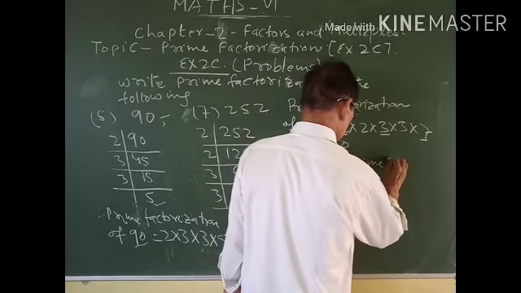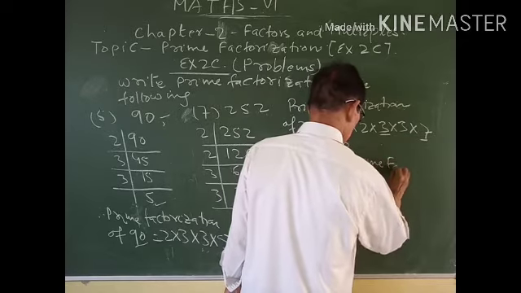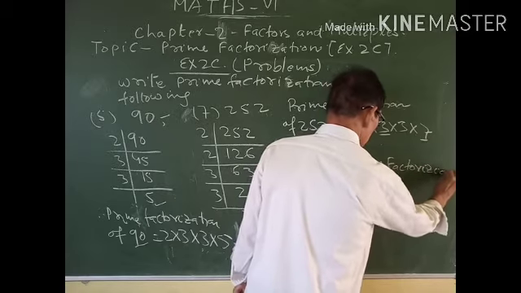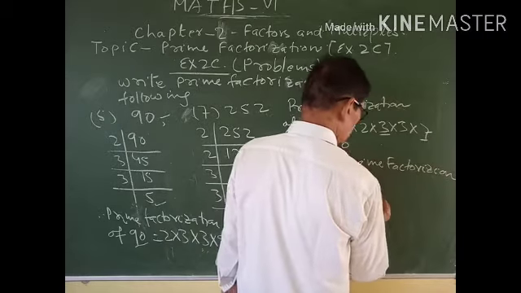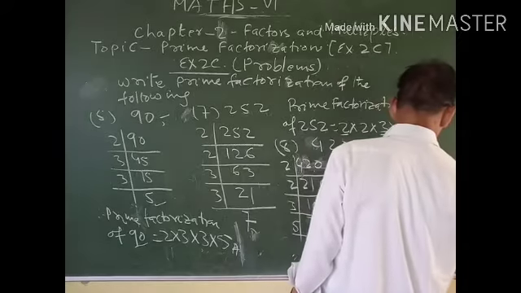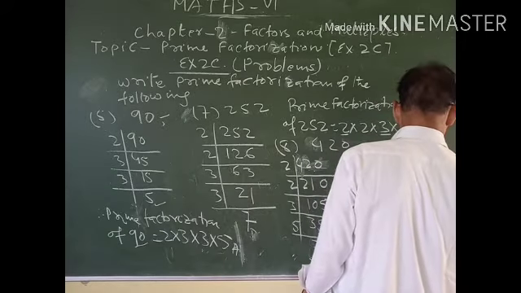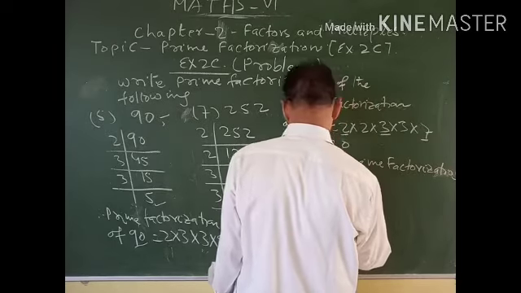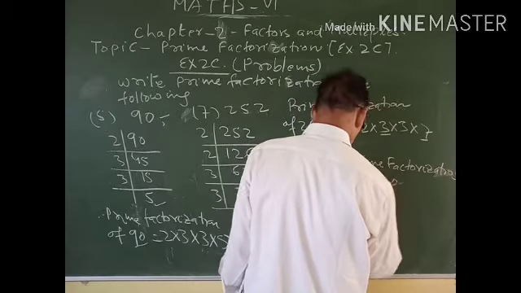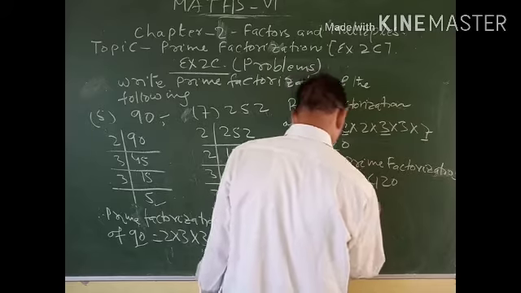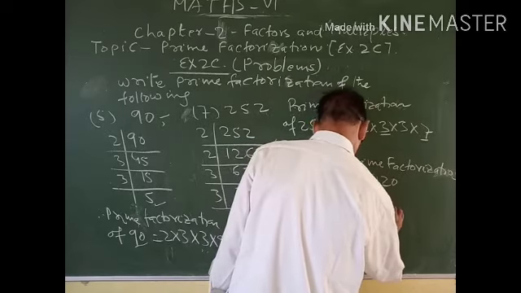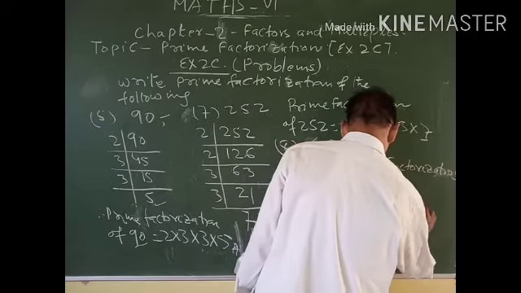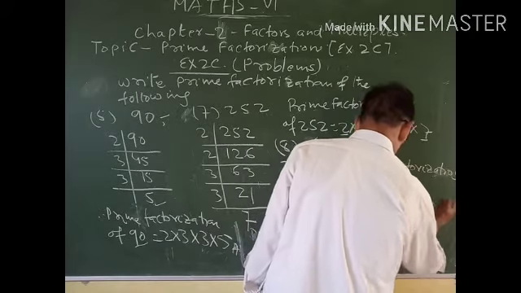Prime factorization of 420 equals 2 into 2 into 3 into 5 into 7.